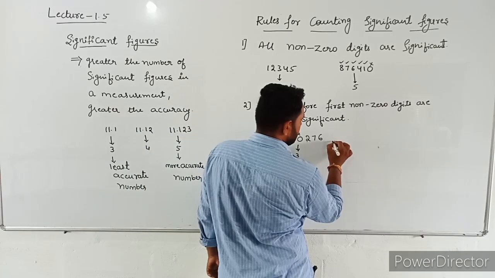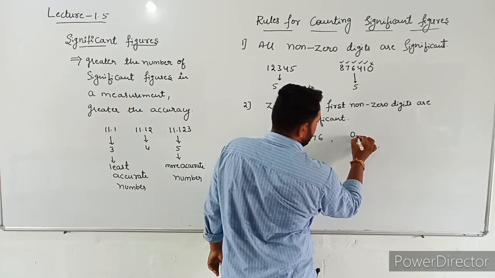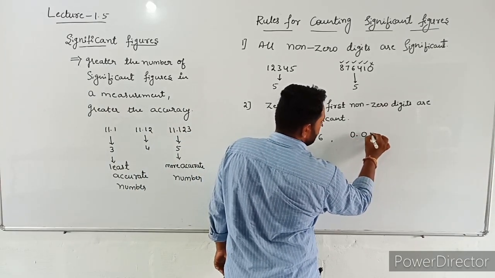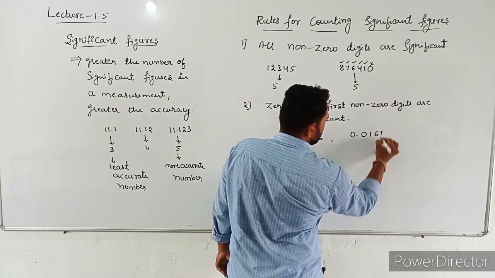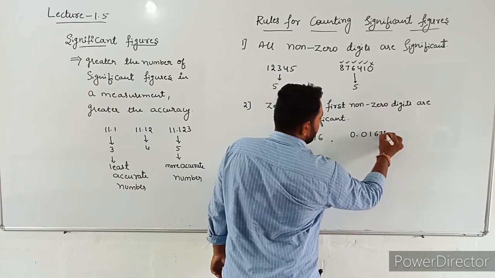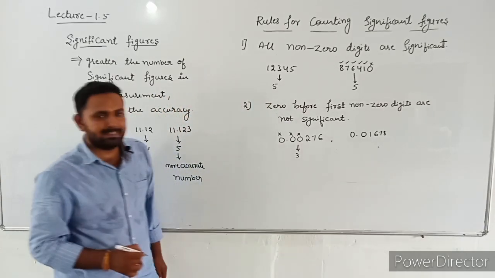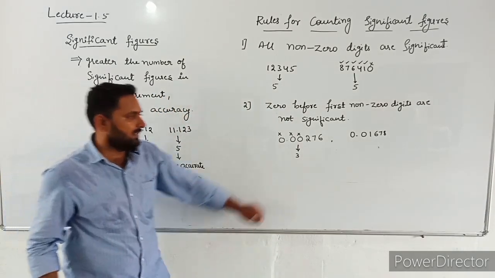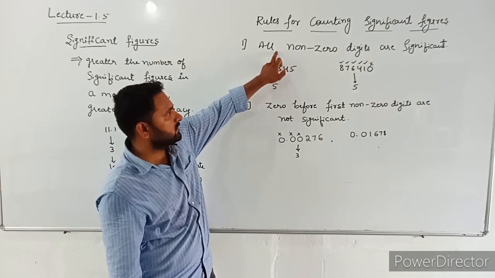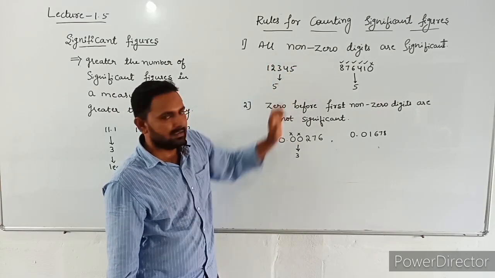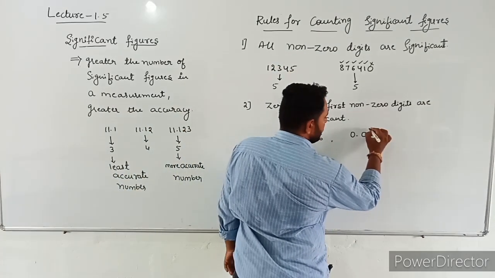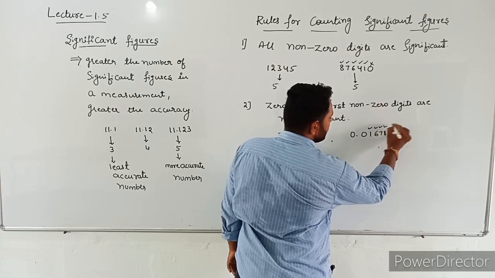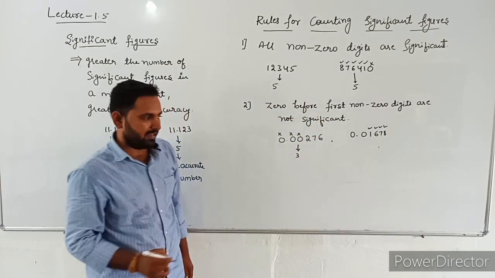Next, one more example. 0.01678. Now tell me how many significant figures are present in this number. According to the first rule, all non-zero digits are significant. Yes, these are non-zero digits. That's why these numbers are counted as significant.